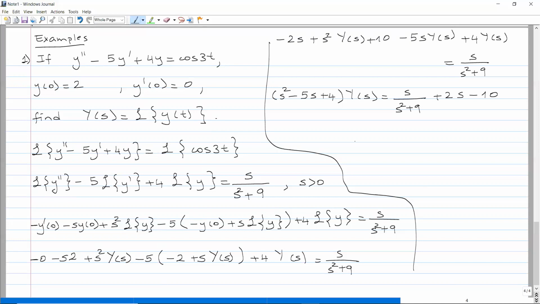And finally, to find my function Y of s, I need to divide by this coefficient, so it goes to the denominator. The first term is s over s squared plus 9 times s squared minus 5s plus 4, and then 2s minus 10 divided by s squared minus 5s plus 4.